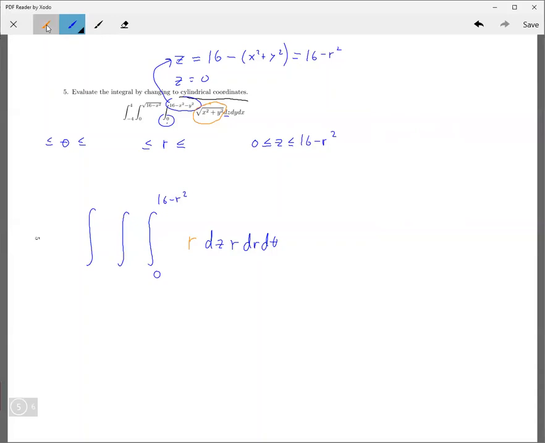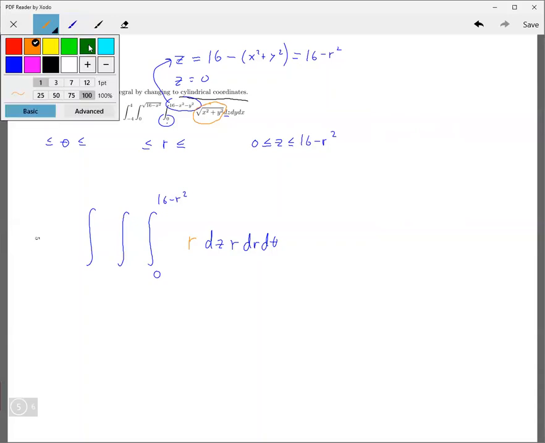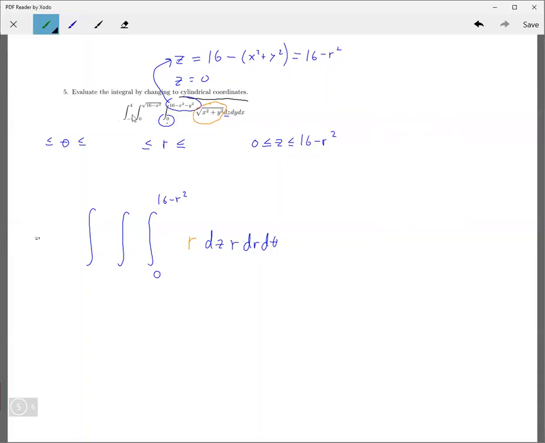Let's take a look at this right now. What you can do for that one is just look at it over here. If that's x and that's y, the limits are in y.